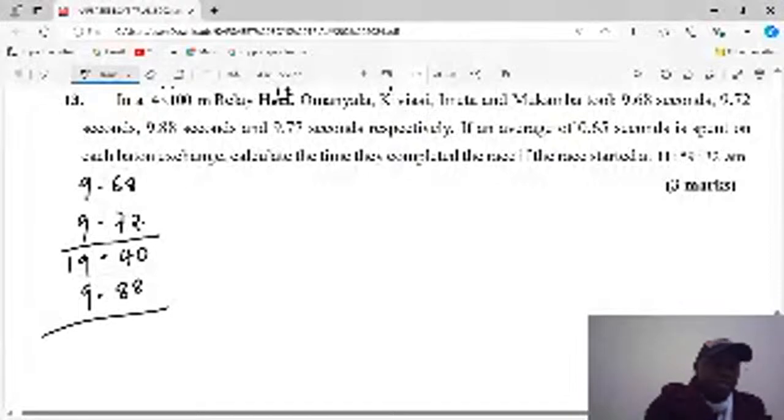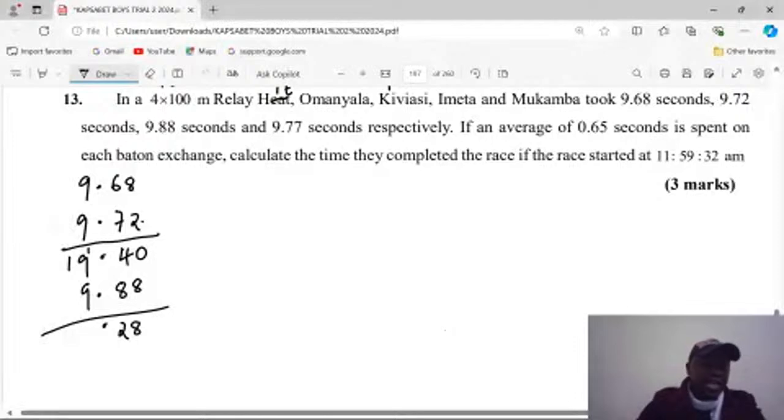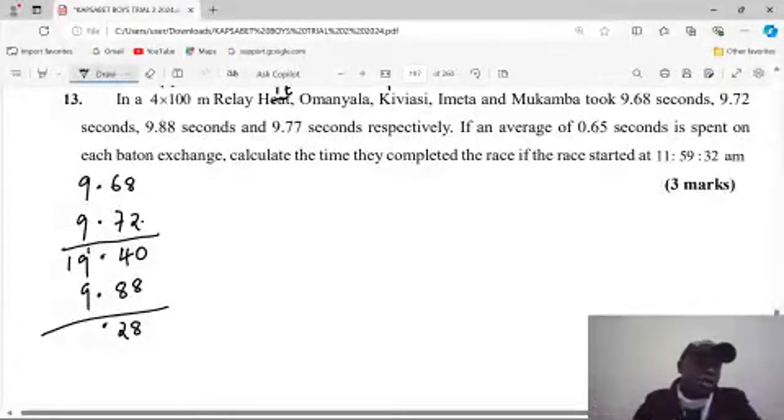So we'll be talking of 40 plus 88, 128, which means we shall write 28 at this point, and we carry 1 full second, because the centiseconds have already added up to 128. There is a complete second there, so we have the remainder of 28 centiseconds, and we carry 1 second.